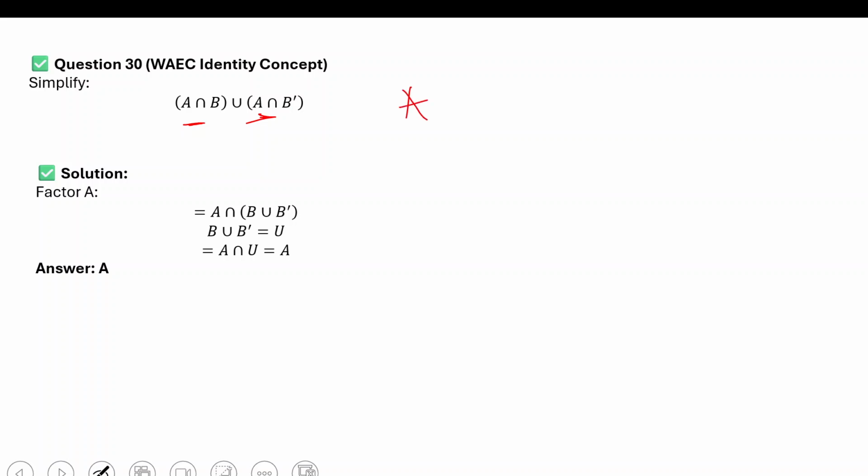It says simplify A intersect B union A intersect B prime. You can factor A intersect out. The answer is already gotten here, but I want to explain. So it is A intersect B union A intersect B prime, right?